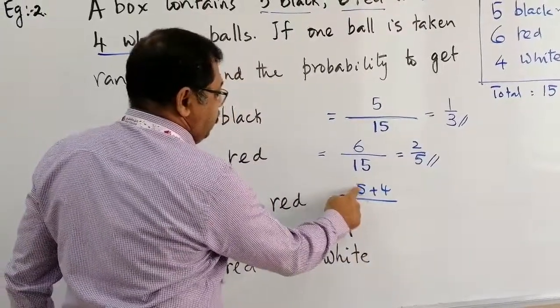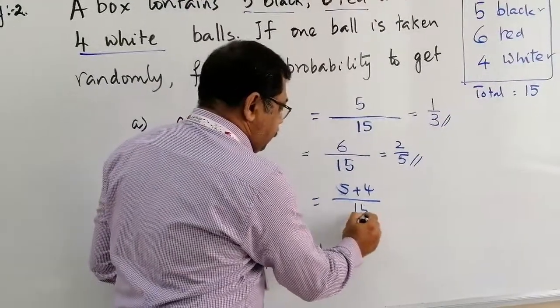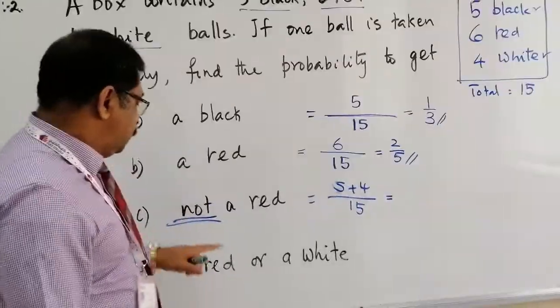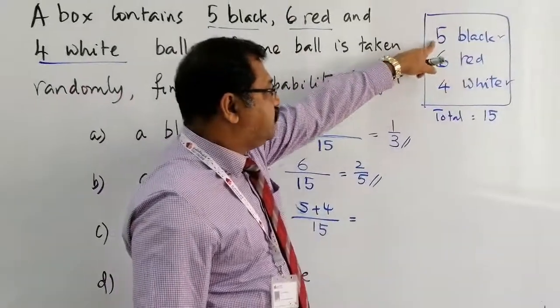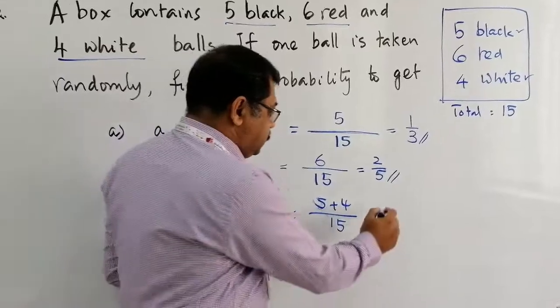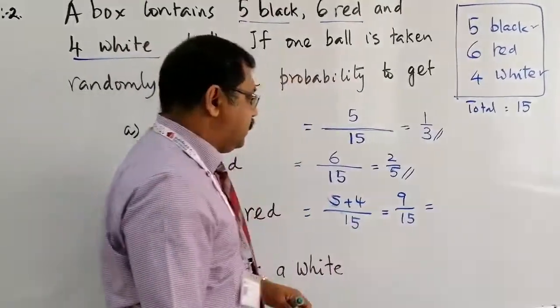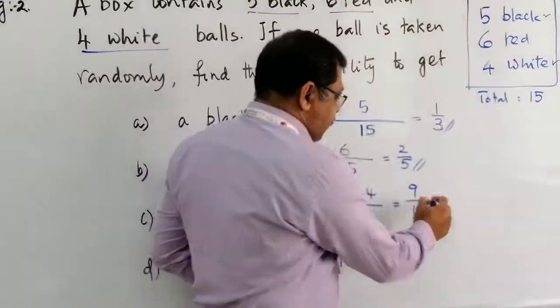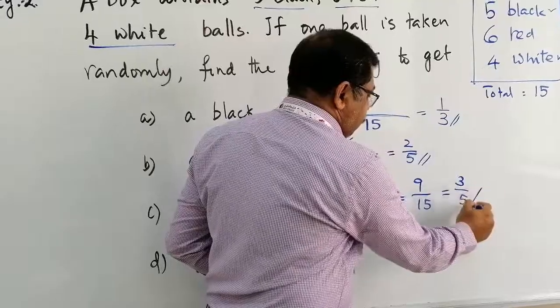Not a red ball means it can be black or white. So what are the possible chances? It can be 5 or 4, that means black or white, which means 5 plus 4, divided by the total chances, which is 15. So we are adding 5 and 4 here. 5 plus 4 divided by 15 is 9 over 15, which can be reduced by dividing by 3, and you will get 3 over 5.